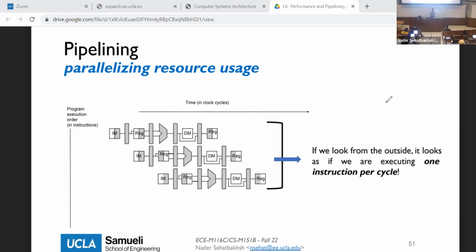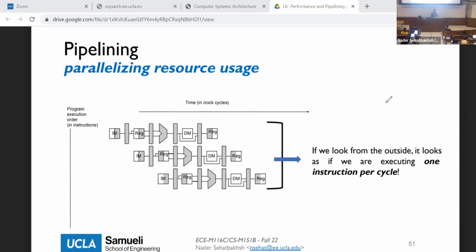So the question is, this impacts your throughput and not latency. Yes, the answer is your individual instruction still takes 5 cycles, but your throughput is now 5 times higher. So think about the entire program that consists of hundreds and hundreds of instructions. Then the time it takes for all these instructions to finish is now divided by 5, right?